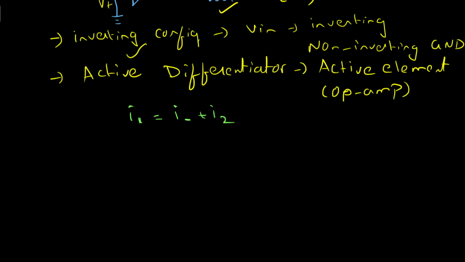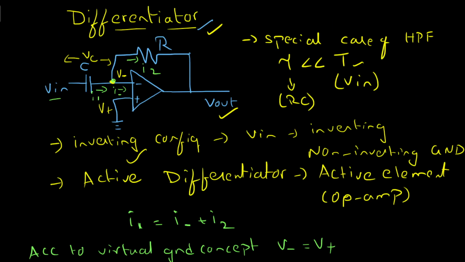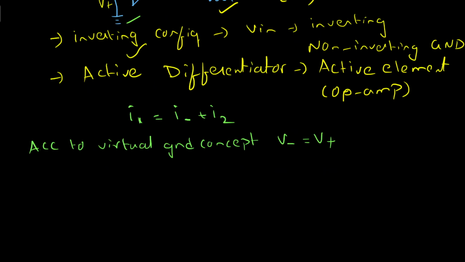Now according to the virtual ground concept, the potential at the inverting terminal is equal to the potential at the non-inverting terminal. For this circuit the non-inverting terminal is grounded, so the potential at the non-inverting terminal is 0, and the potential at the inverting terminal is also 0.